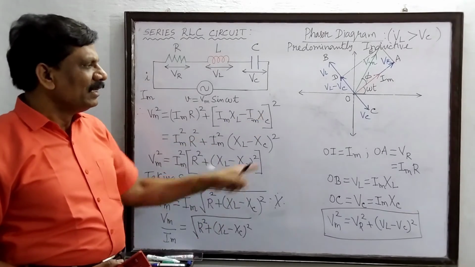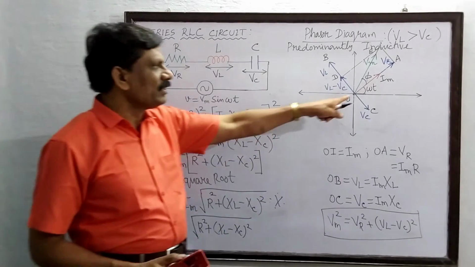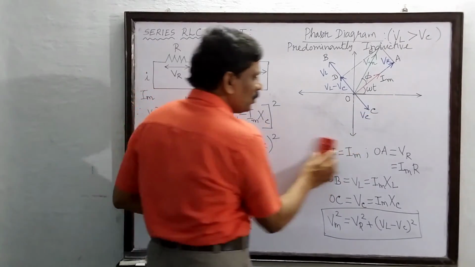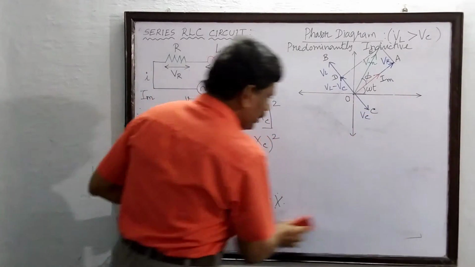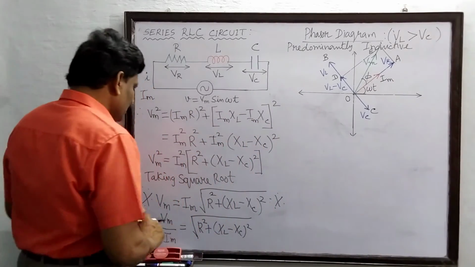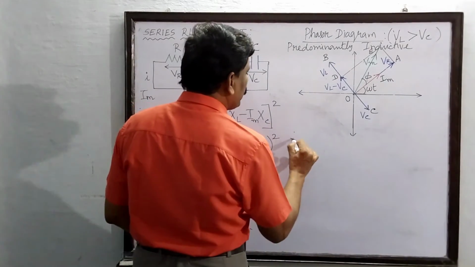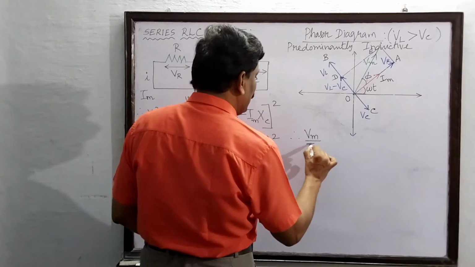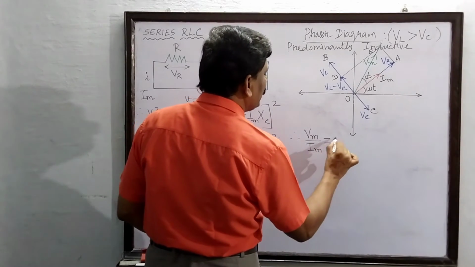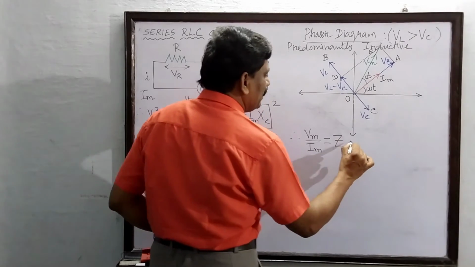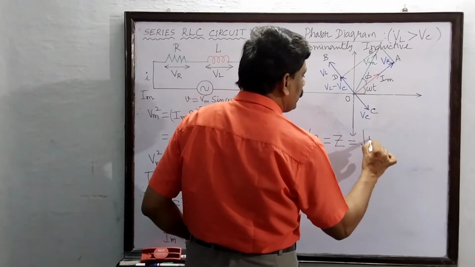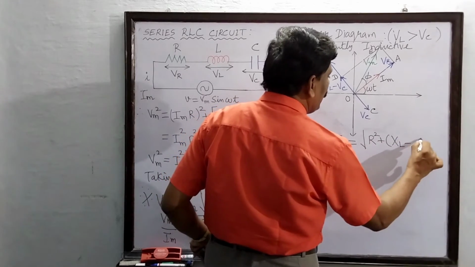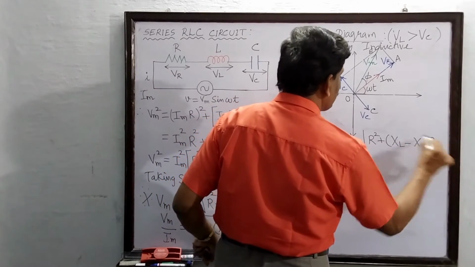Now I am going to write here. Have you all understood this phasor diagram? Okay students, I will write below this itself, so this equation is continued here. Therefore V maximum divided by I maximum is equal to Z, and this is equal to the square root of R square plus (XL minus XC) the whole square.